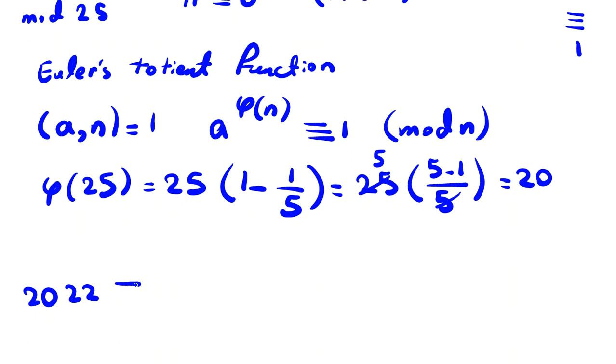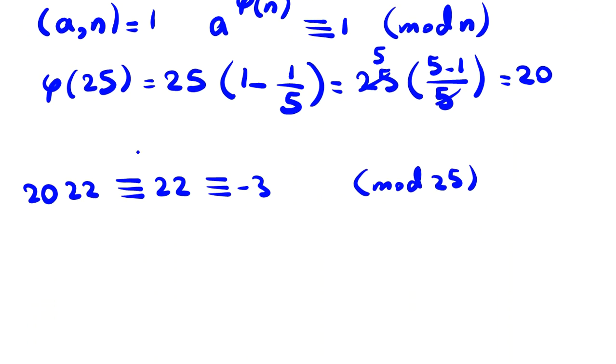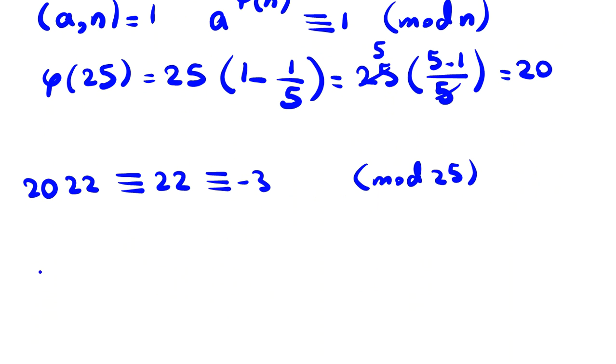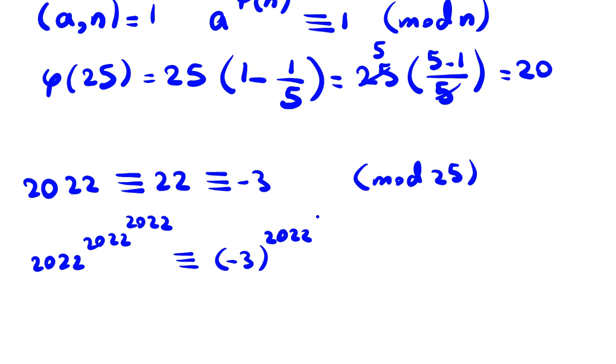2022, if we calculate mod 25, is 22 mod 25, or negative 3 mod 25. And by Euler's totient function, 2022 to the power of 2022 to the power of 2022 is congruent to negative 3 to the power of 2022 to the power of 2022, and because the exponent is an even number, you can ignore the negative sign.